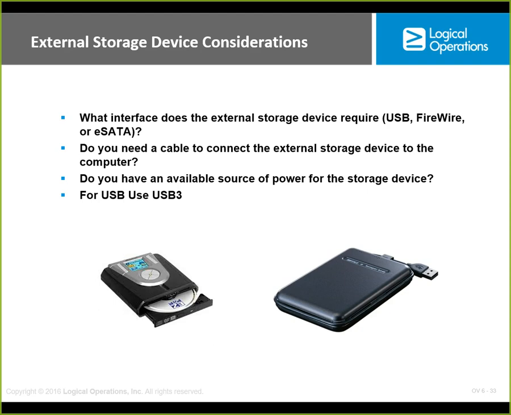It takes its power from the USB connector, and if you look into it, it's blue. It's a USB 3, although I'm not sure that I'm connected to a USB 3 port on this computer. Backward compatibility of USB 3: if I don't have it, it's backward compatible to USB 2. For USB, use USB 3 if you have it.